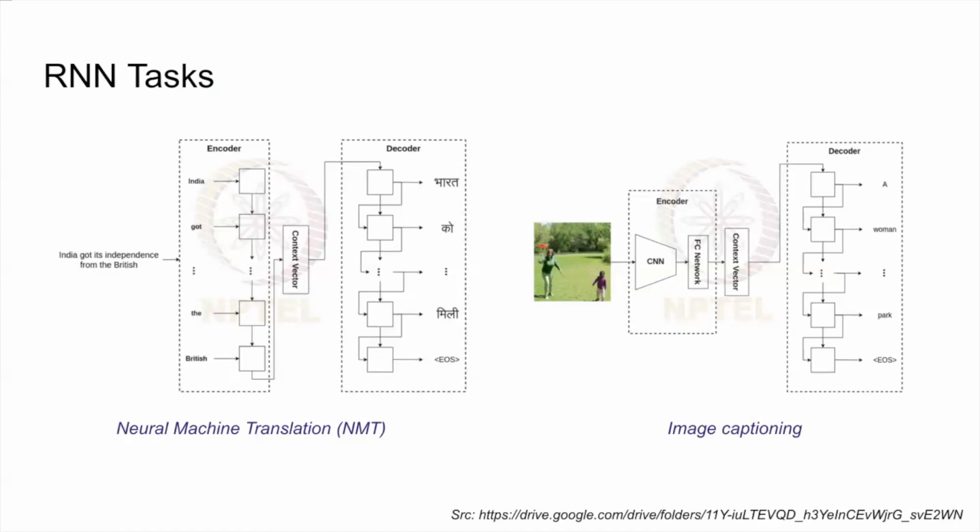That's the way people have designed these things: you take an input vector, get a context vector of the input, and then translate it to something else, or get another representation of the same data, for instance the Hindi version of the same sentence, or the caption version of the same image.